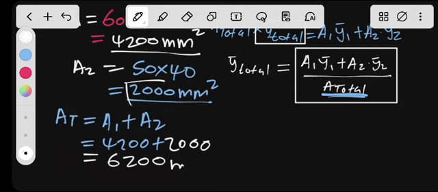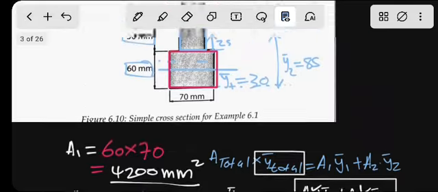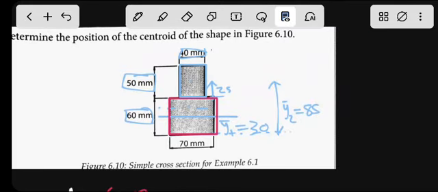Obviously it is millimeter squared. We have now the area 1 and the area 2. We're left with y1 and y2. We have shown there y2 is 85, y1 is 30.